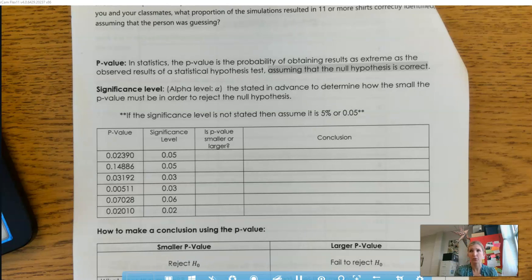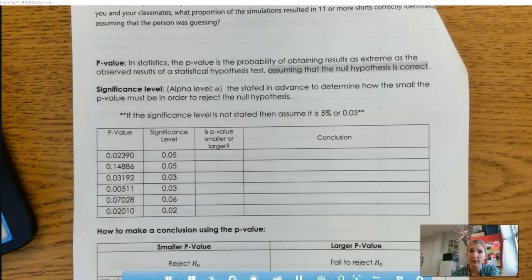Well, she actually smelled all 12 and guessed all 12 correctly. Those results are extreme if our null is true. If Joy cannot smell, then how did she guess 12 out of 12 right? Those results are crazy. So the p-value is the probability of her getting all 12 right but only guessing. That probability is very small.